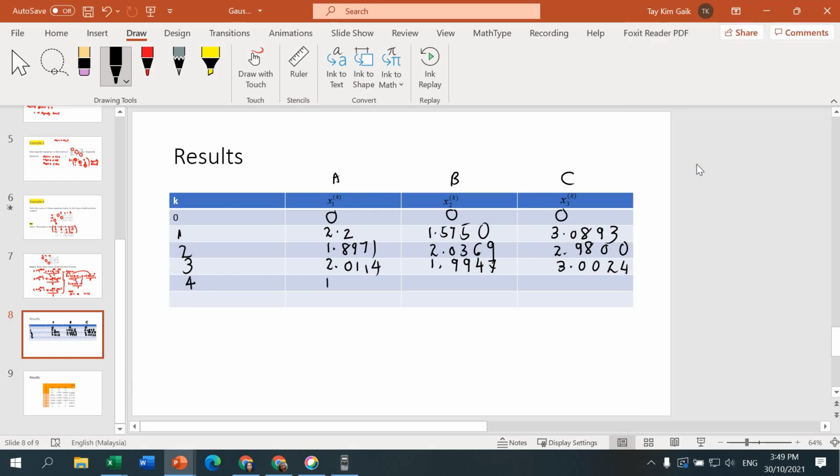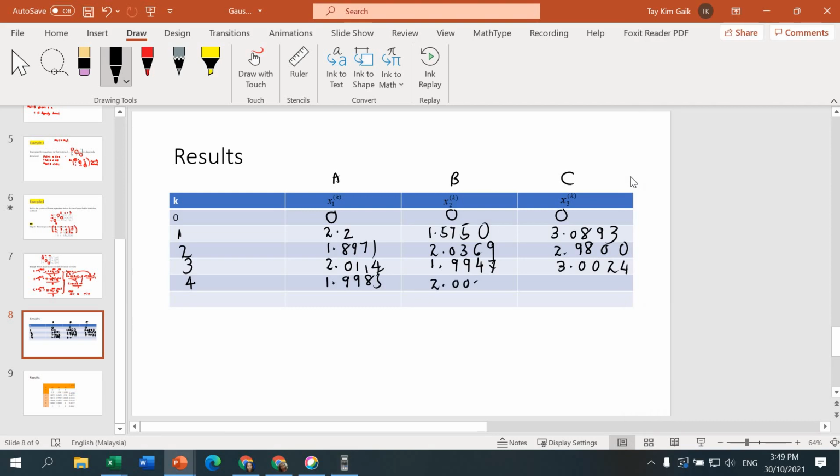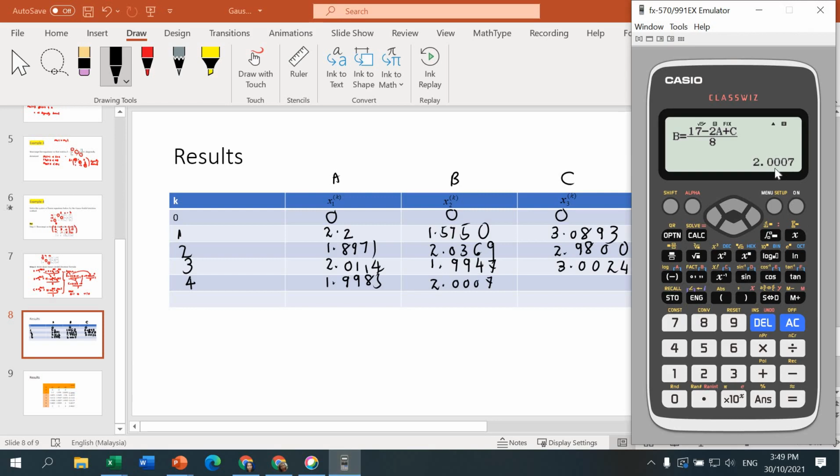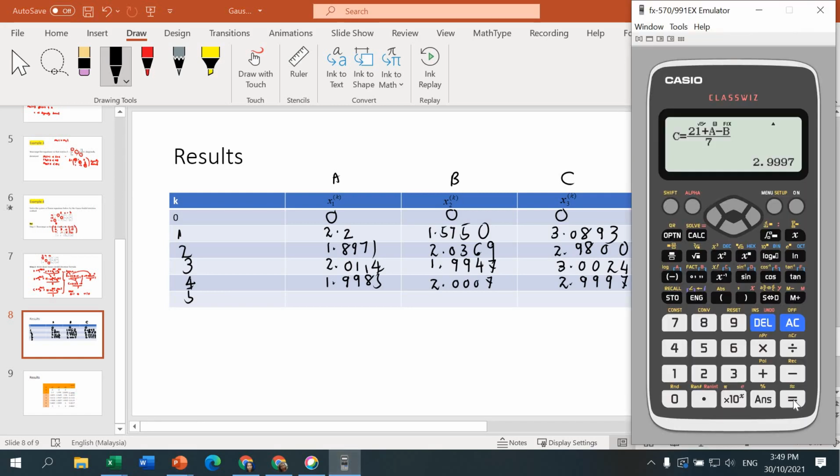A is 1.9985. B is 2.007. C is 2.9997. So the values, observe, are still very big. So we proceed to iteration 5. See, this is the C value.